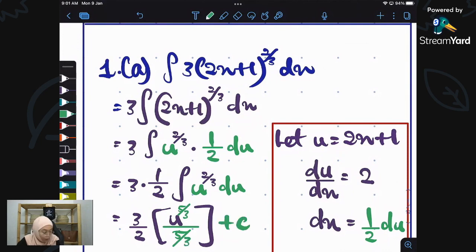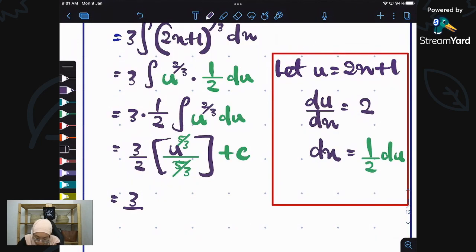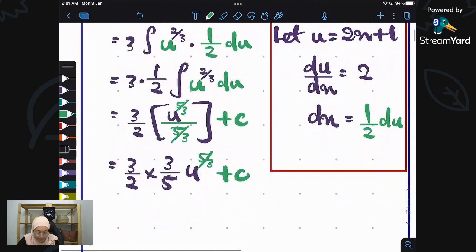And then don't forget to put plus c. 3 over 2 can now be multiplied by 3 over 5 with u to the power of 5 over 3 plus c. And so the answer will be 9 over 10 u to the power of 5 over 3 plus c.